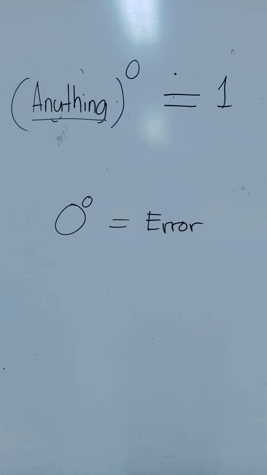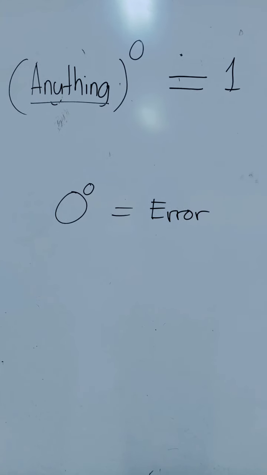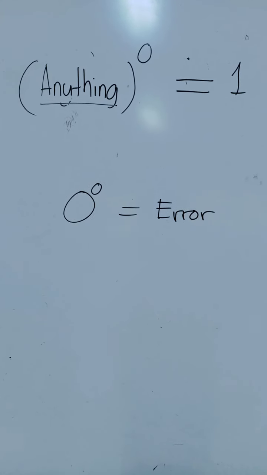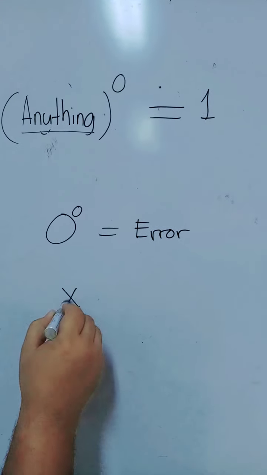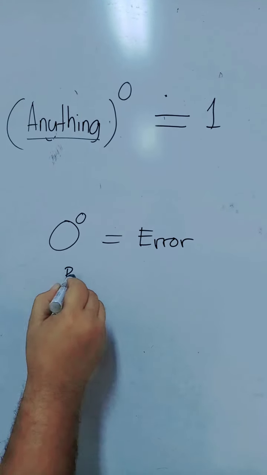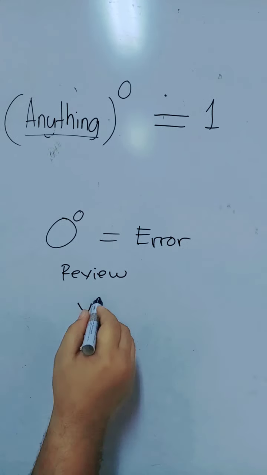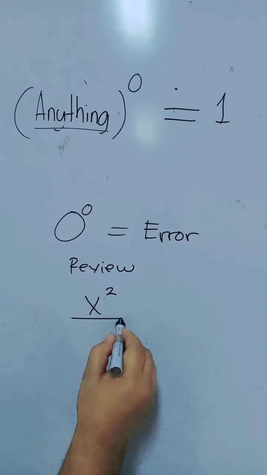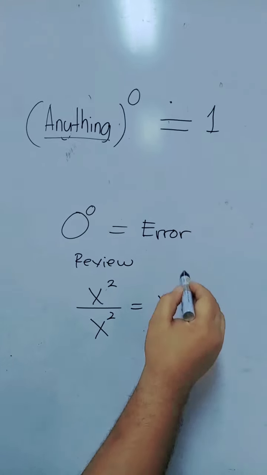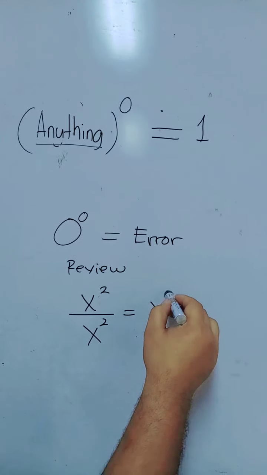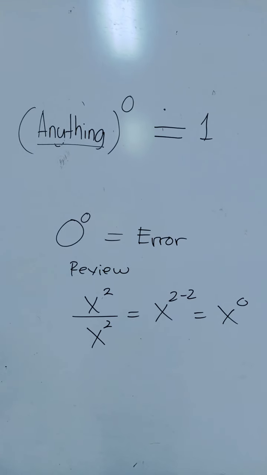Okay, let me explain why 0 raised to the 0 power is not equal to 1. Now let's review dividing exponents. X to the power of 2 over x to the power of 2 is equal to x to the power of 2 minus 2, and that is equal to x to the power of 0. Why am I talking about this?